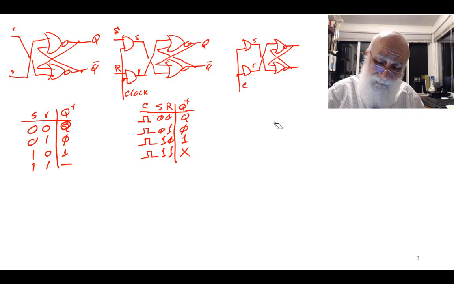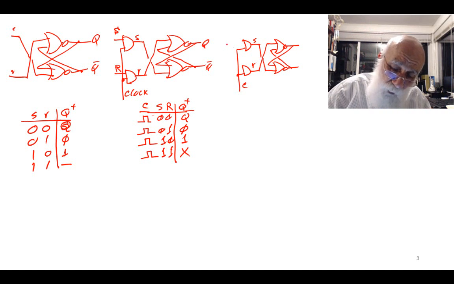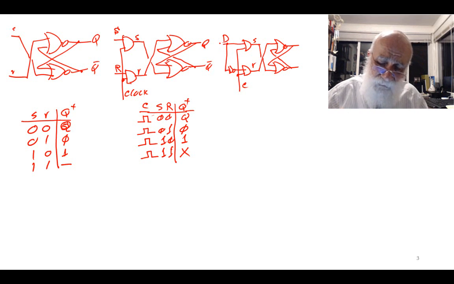Take the circuit, and then I say the upper input sets it, the lower input resets it. I either want to set it or reset it. Okay, so there is really no point in having two inputs, set and reset. Why don't I just put the complement of these in here and then make it a D input?